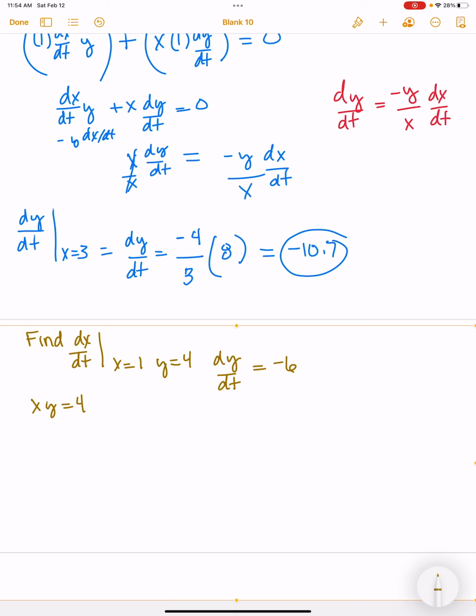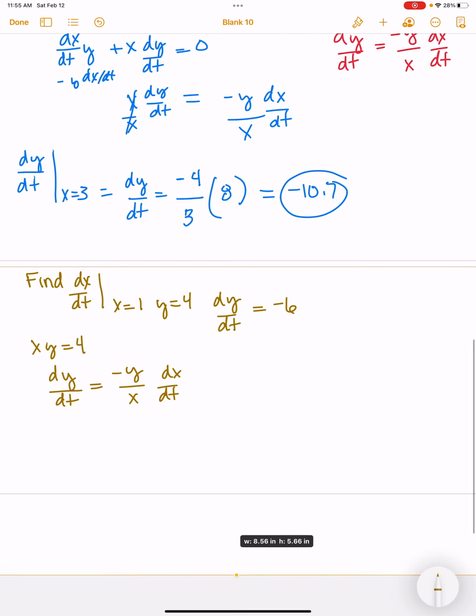And we can take the derivative that we have here and rearrange it real quick. So we have dy/dt equals -y over x times dx/dt. But now we want dx/dt by itself.